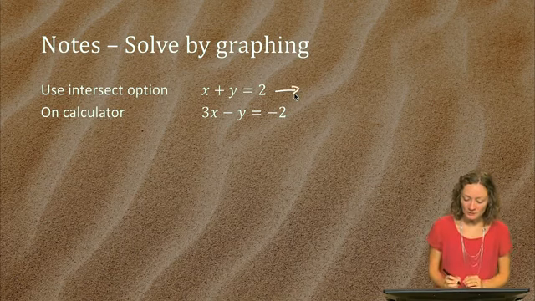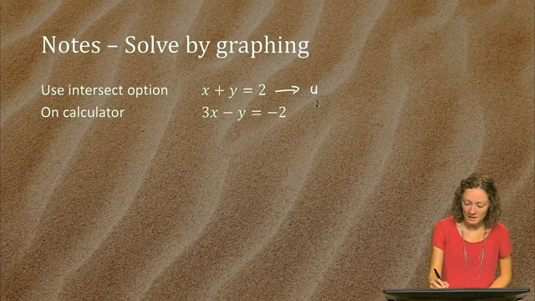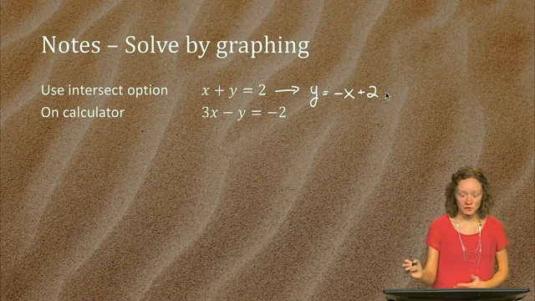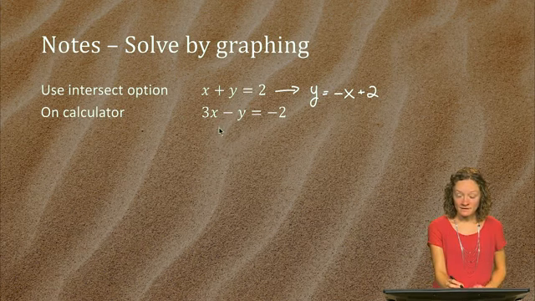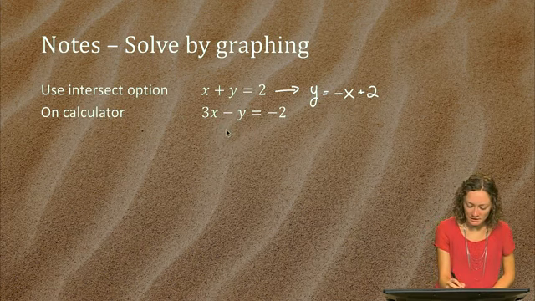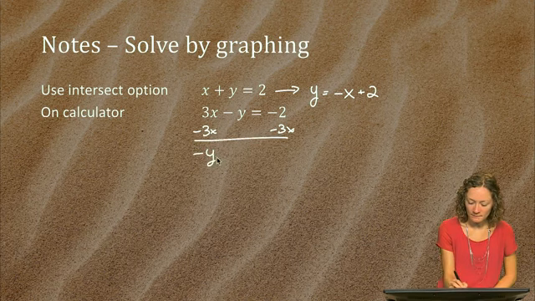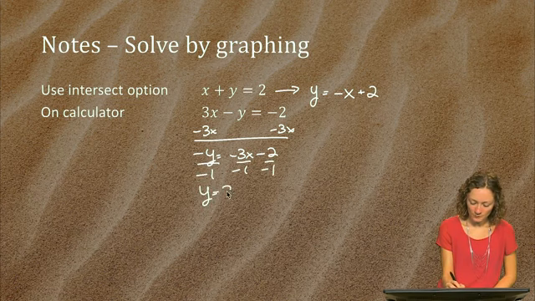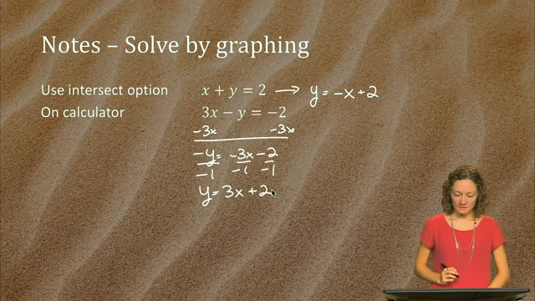So if we solve the first equation for y, we'll have y equals negative x plus 2 or 2 minus x. Either one's fine. And then the second problem takes a little bit of work. Subtract 3x from each side. And then divide everything by negative 1. We get y equals 3x plus 2.